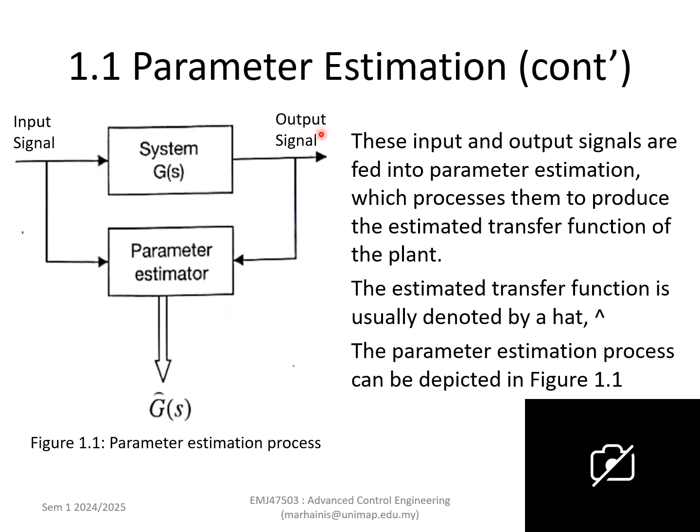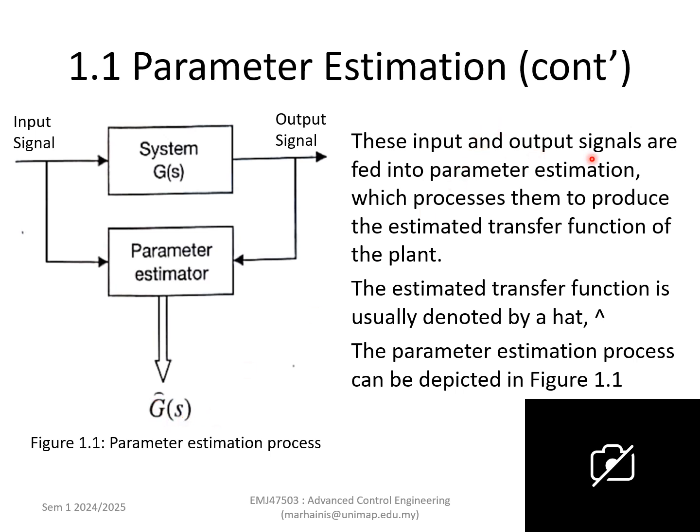And the output signal is also an input for the parameter estimator and the output of the system G(s). And we denote the estimated value of the transfer function as G hat (s).